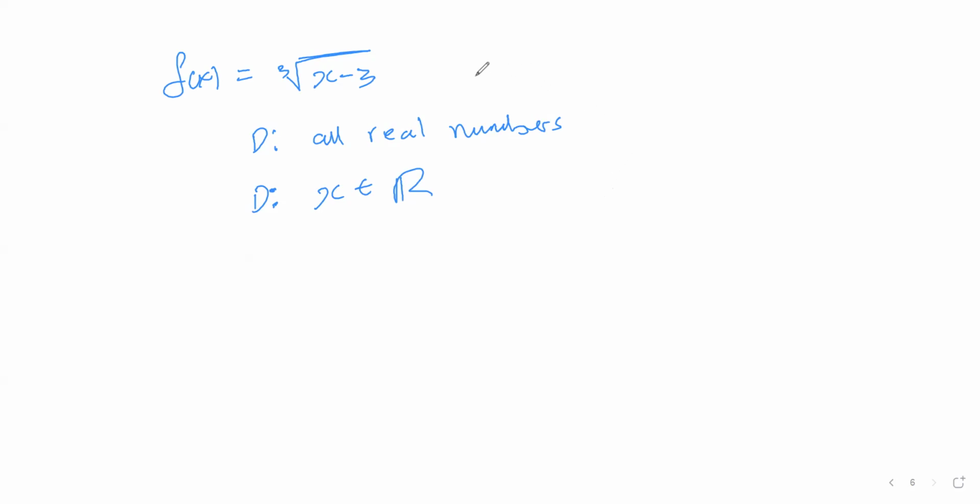Okay, because whether you put in a negative number here or a positive number, its cube root can be found. All right, for instance, the cube root of -8 is -2, for instance. All right, so all odd roots of negative numbers can be found.